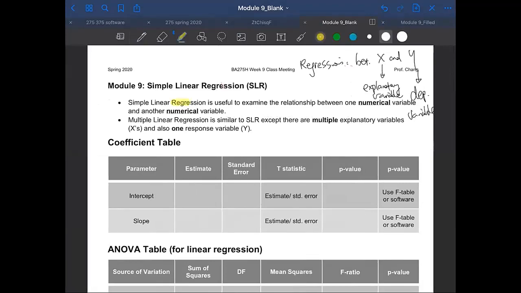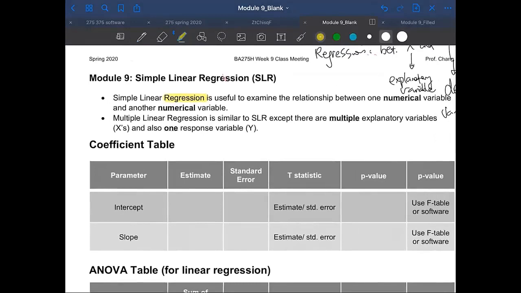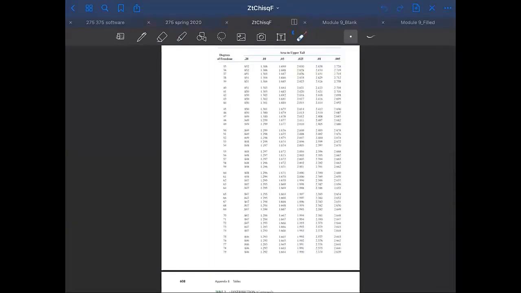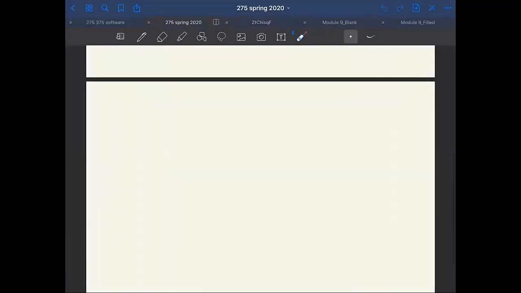Now, where does the linear part come from? What does linear mean about the relationship between x and y? It means that they correspond with each other, they go in the same pattern. Yes, that's right. When you say it goes in the same pattern, that means it is positive.